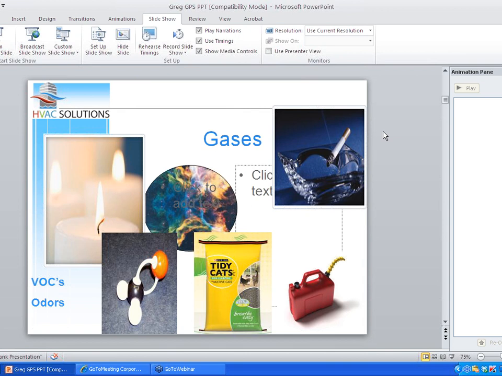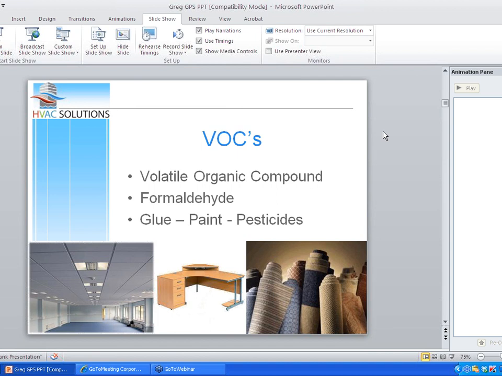The other side of gases are VOCs. And VOCs stand for volatile organic compound. You're dealing with a VOC, I'll say a lot of times when you can smell it, when you smell things like glue or paint. That new house smell is associated with a VOC.